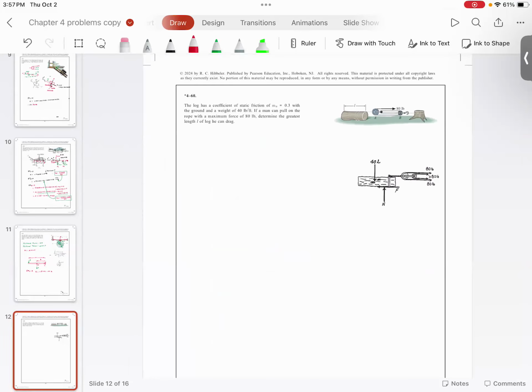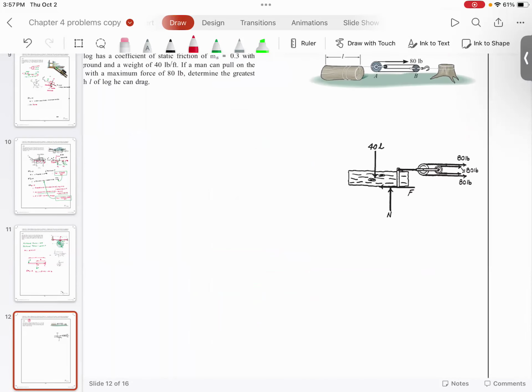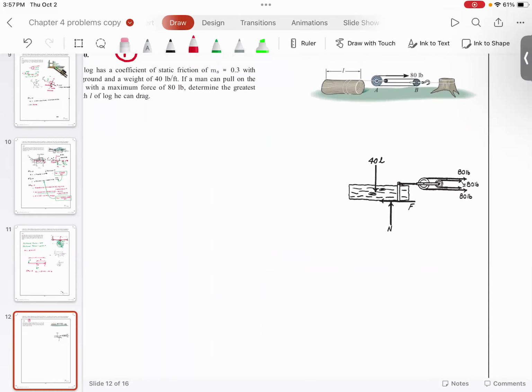Now I'm going to give you this problem for the homework. And this is an important problem, because try to understand, this is a simple machine. Let me explain how this simple machine looks. You have a pulley here, you have a small pulley here, and then you have a pivot point over here.